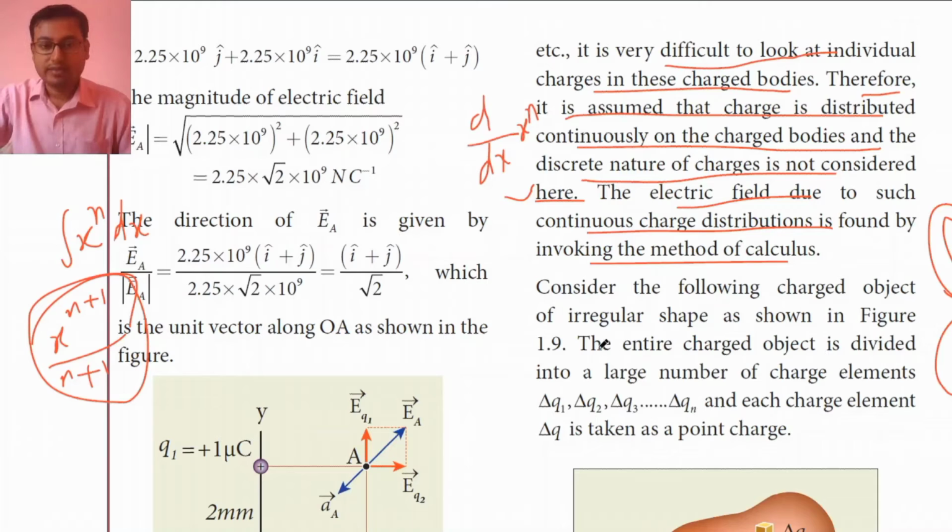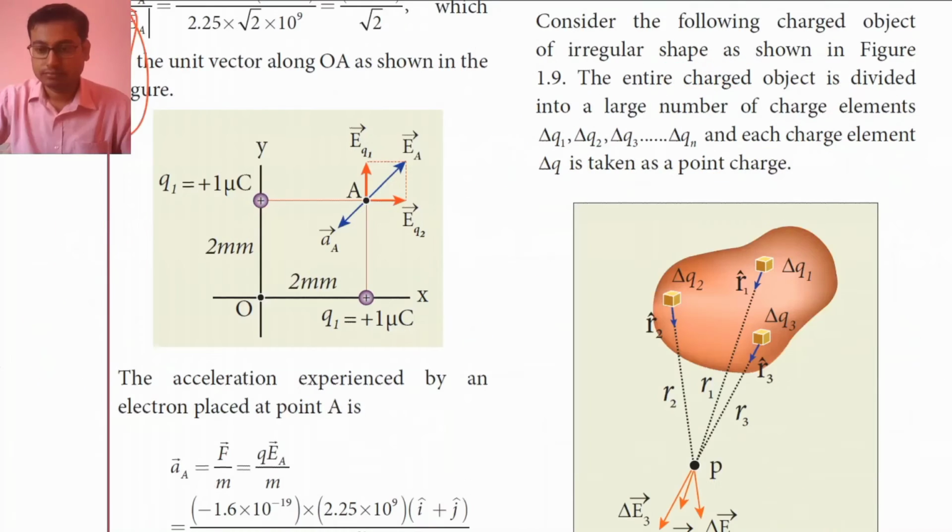Consider the following charged object of irregular shape as shown in figure 1.9. It is something like a potato, of irregular shape, and charges are distributed on the surface of this object. The entire charged object is divided into a large number of charged elements, delta q1, delta q2, delta q3 up to delta qn. Because of this irregularity, we take small parts.